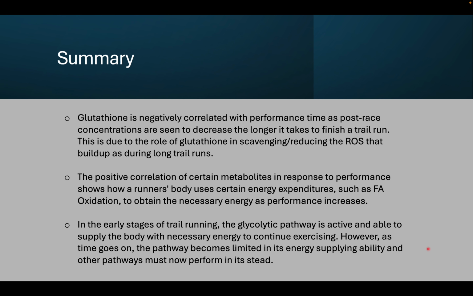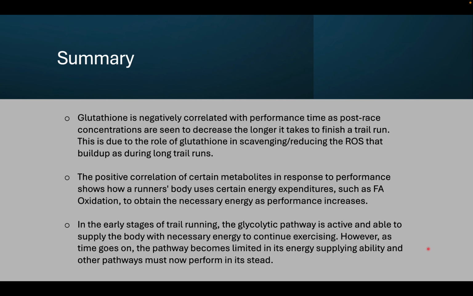So in summary, we first learned that glutathione is significantly negatively correlated to performance, as seen through post-race concentrations decreasing as performance increases. This is because the role of glutathione is to scavenge and reduce reactive oxygen species that build up as longer endurance running takes place.